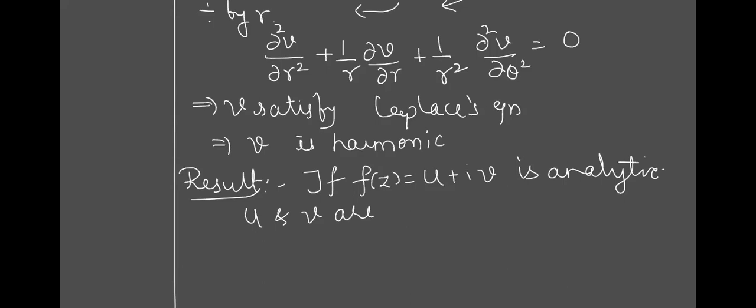What are u and v? They are harmonic. So you can say the first result is done. If the function is analytic, u and v satisfy the CR equations. Also, just now we have proved that u and v are harmonic. That means they satisfy which equation? Laplace equation, let it be Cartesian or polar. In both cases we have proved it.